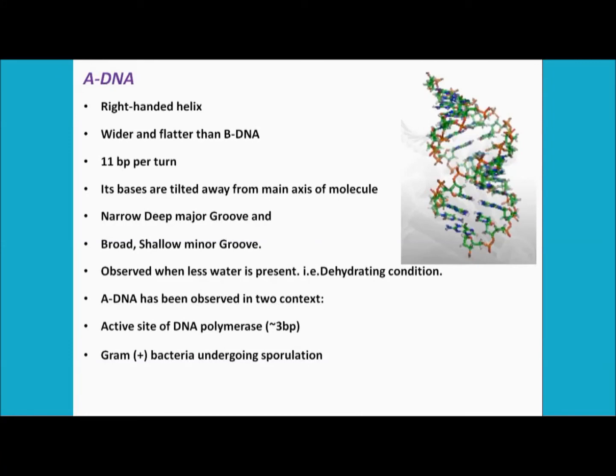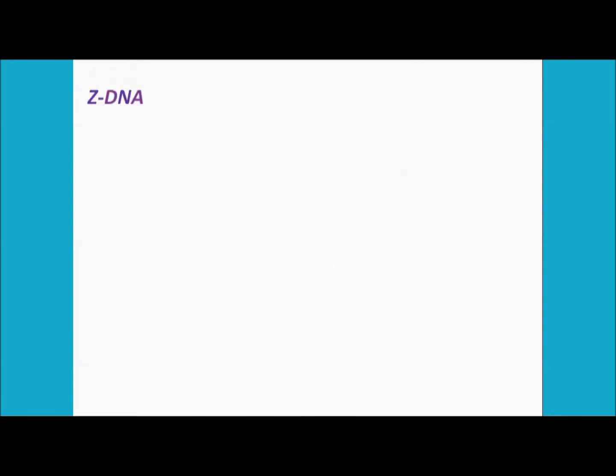First, you can find it in the active sites of DNA polymerase. Moreover, you can find it in gram-positive bacteria undergoing sporulation.